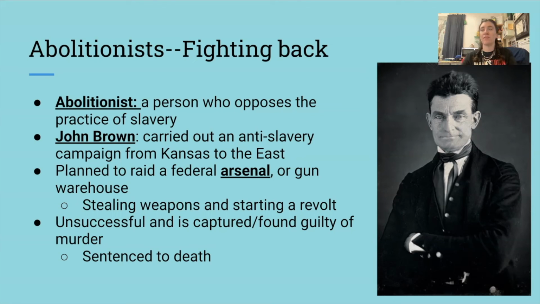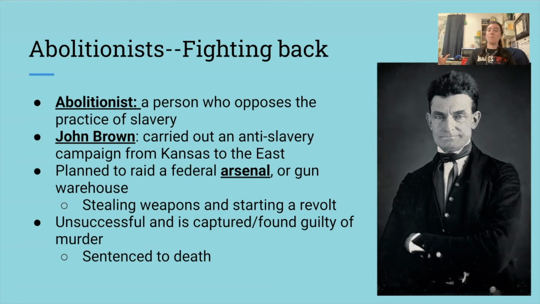And so when we have these new states coming in, Kansas and Nebraska, they're originally supposed to follow that rule with the Missouri Compromise, but the president at the time just threw the Missouri Compromise away, and basically said, hey, it's up to you guys, the people living in Kansas and Nebraska, to decide whether or not they want to be a slave or a free state.